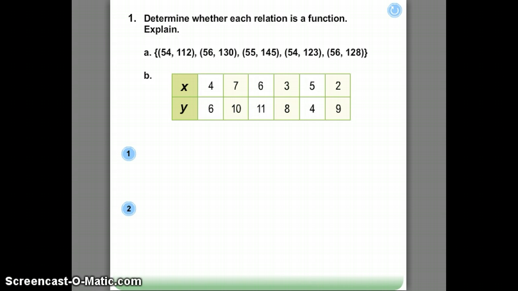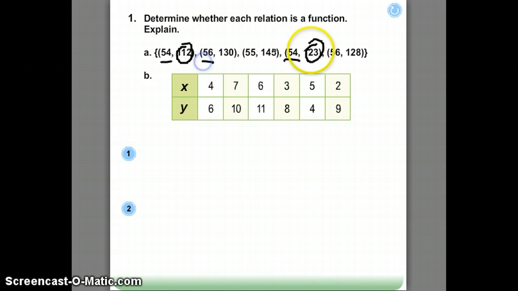But if I'm looking here, I've got 54 as an x variable, and I've got 54 again here. But if I look at the y variable, they're different. This means that when I graph them, I'm going to have two points in the same vertical line. If I have two points in the same vertical line, I'm not going to have a function.